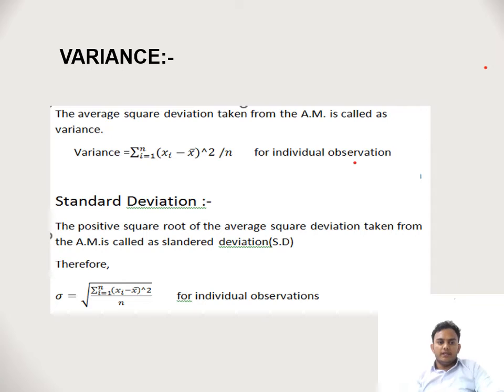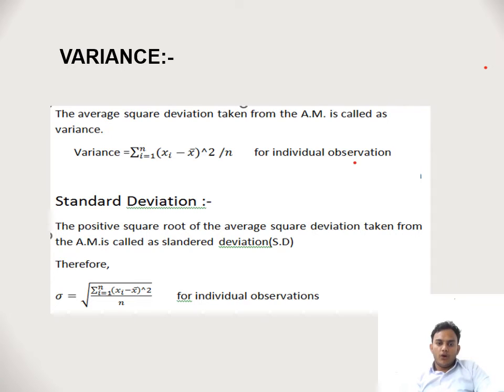Now, what is variance? The variance is the average square deviation taken from the arithmetic mean. If we see the formula, variance is equal to the summation of i from 1 to n of (xi minus x bar) whole square, upon n. From the formula it is clear that the numerator is a sum of some observations divided by n, which means it is an average.